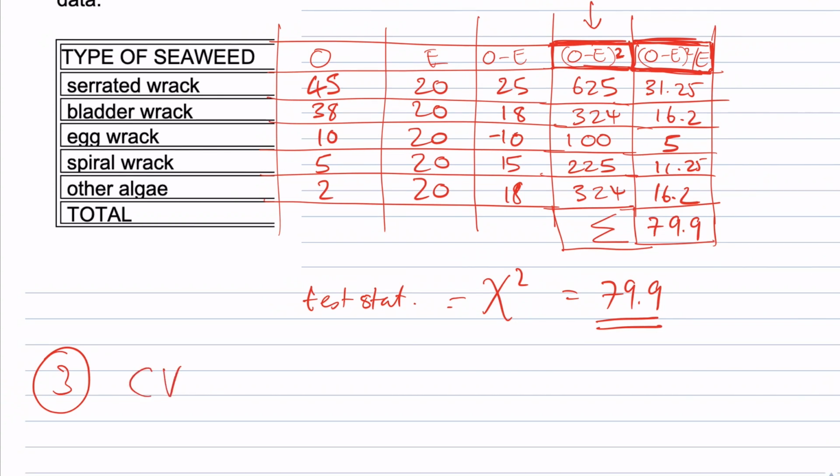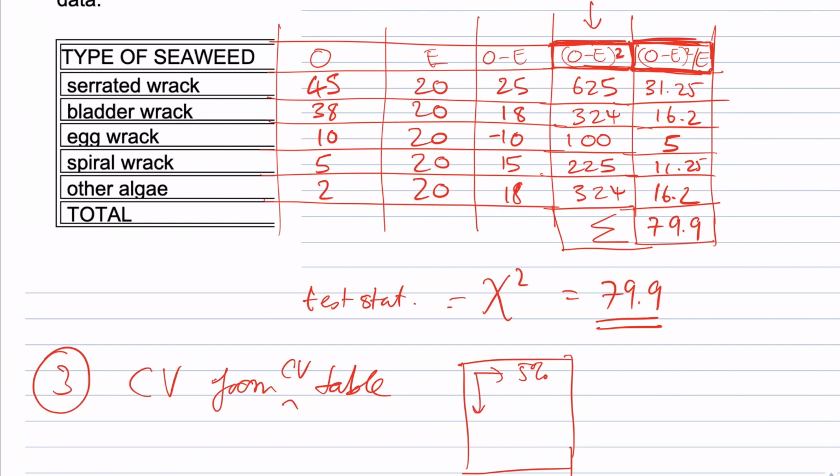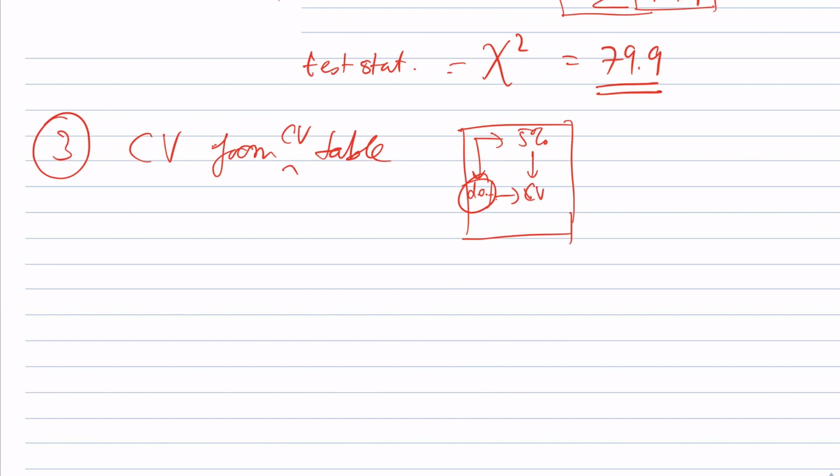The critical value we must get from the critical value table. We go across to the 5% significance level, and we need to go down the degrees of freedom. So before we can find that critical value, we must get our degrees of freedom because we don't know how far down the table to look.